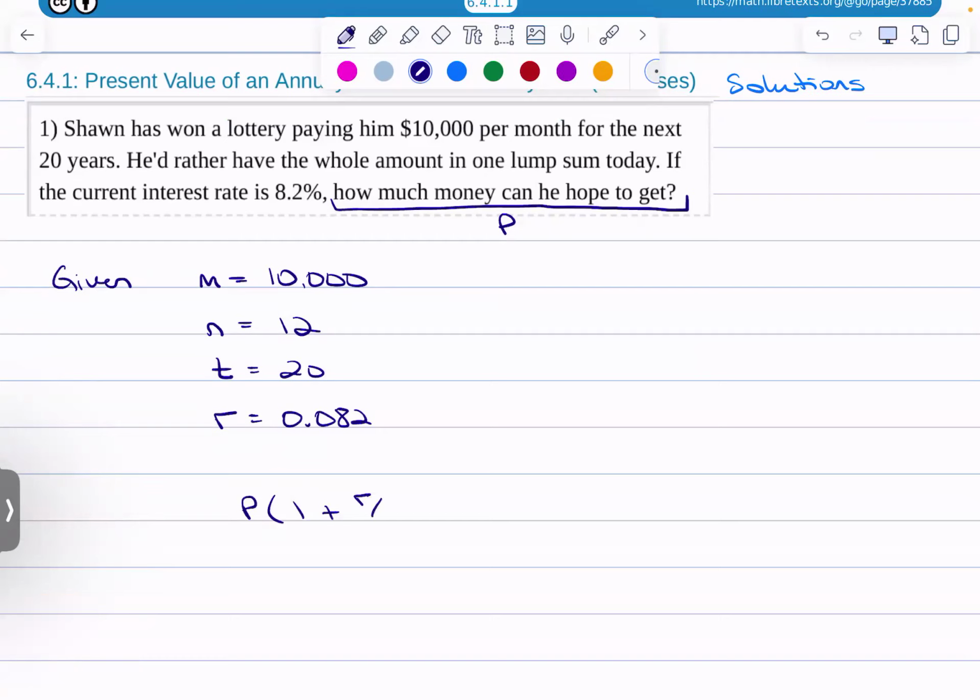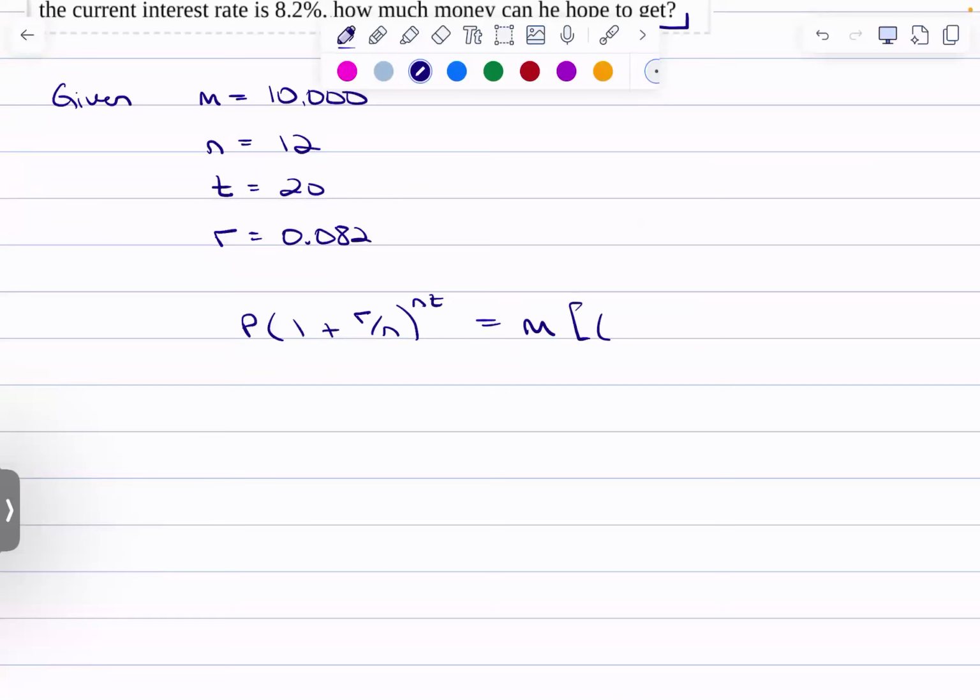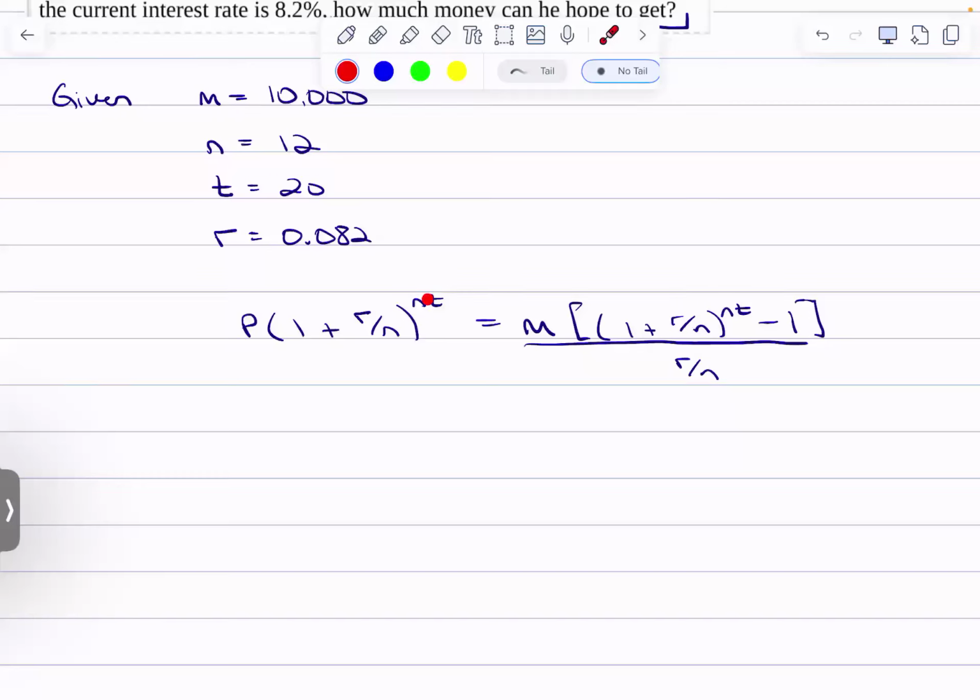P times 1 plus R over N to the power of N times T has to be equivalent to M times 1 plus R over N to the N times T, then minus 1, divided by R over N. One thing you could do if you wanted to is, if you're solving for P, you can divide everything by 1 plus R over N to the N times T. But it makes a really messy formula, and so I'm not going to do that.